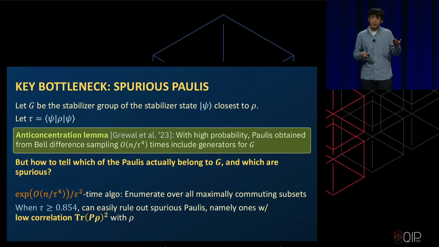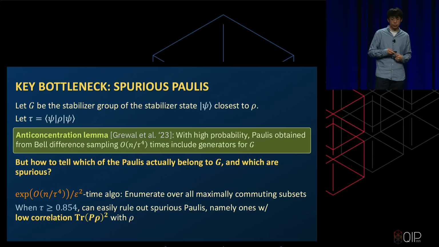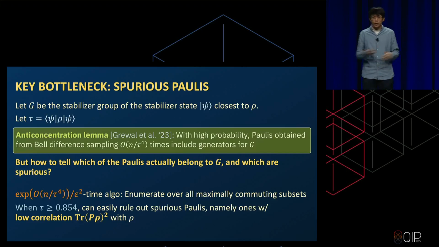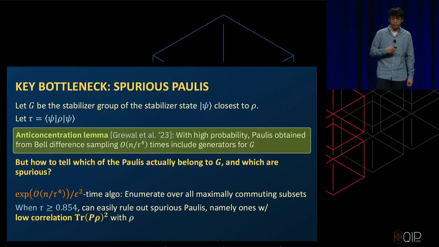And when the stabilizer fidelity is sufficiently high, I could rule out the spurious Paulis by throwing out the ones which have low trace inner product with respect to my unknown state rho. This is essentially the content of this Weiyuan et al. result. The challenge becomes, if I don't make this high stabilizer fidelity assumption, how do I sift through my collection of Paulis and figure out which ones are good and which ones are bad?